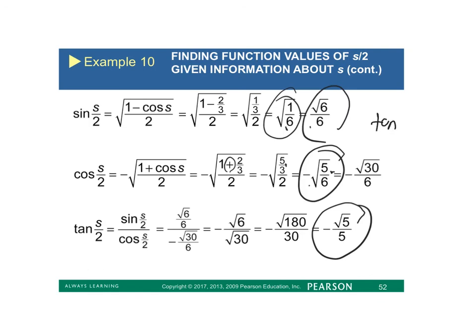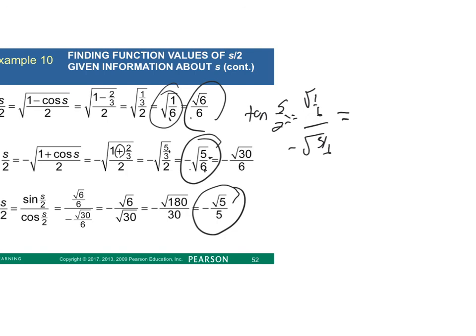Tangent of s over 2 would be the sine over the cosine. That one was okay. That was a square root of 1/6. This one is the negative square root of 5/6. That turns a negative of a big square root of 1/6 over 5/6. Since the denominators are the same, it should cancel out, giving you a negative square root of 1/5.